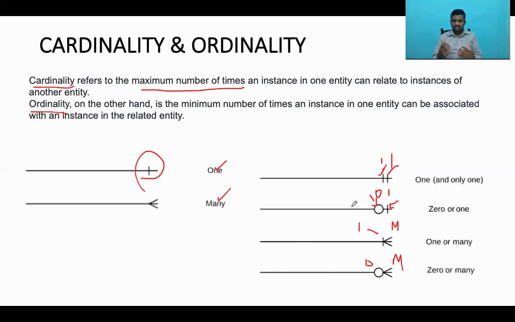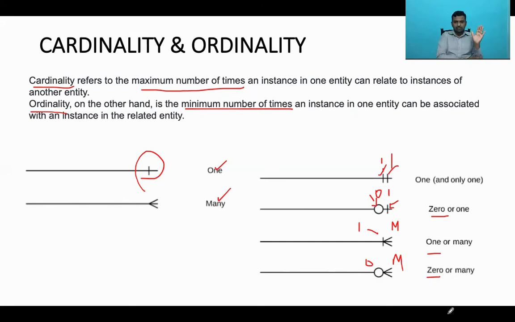And what is ordinality? It is the minimum number of times an instance in one entity can be associated. So from here, one is getting related to more than one here, or it can be zero also. So zero is the ordinality here, one is the ordinality here. Cardinality means the maximum relationship that it can have, and ordinality means the minimum relationship that it can have.